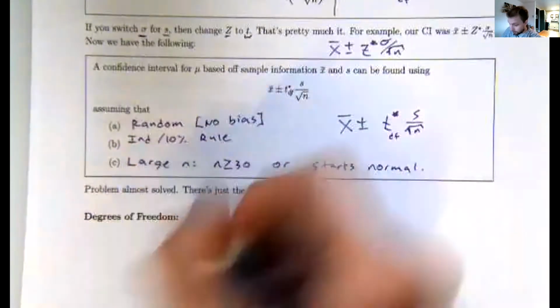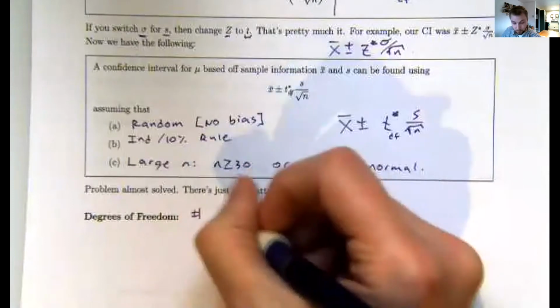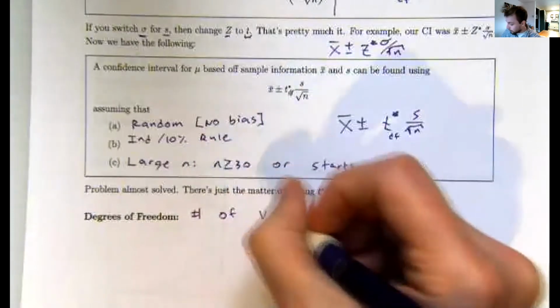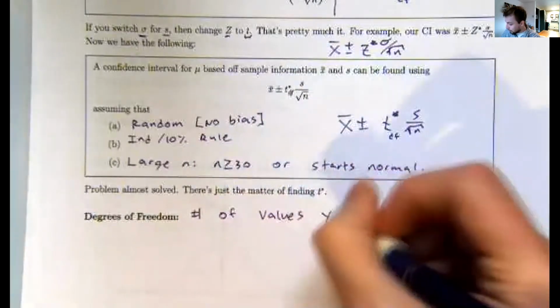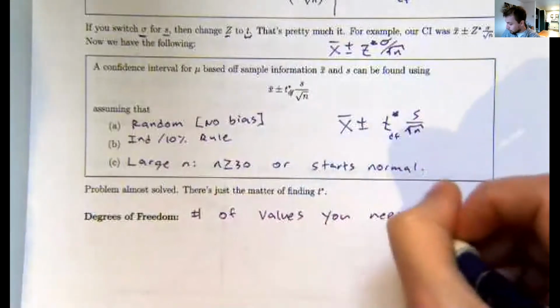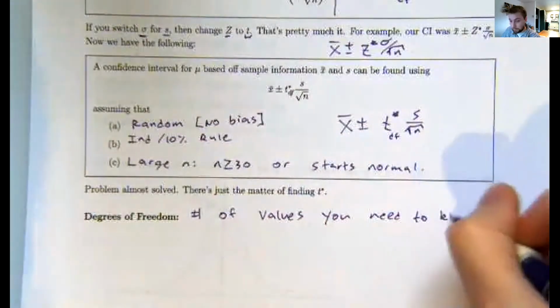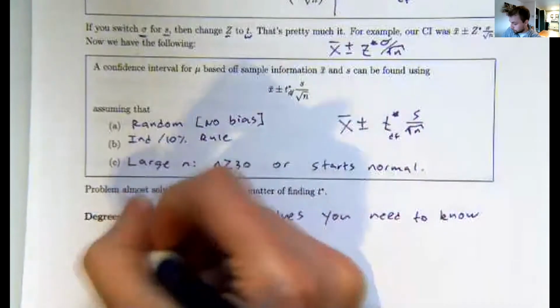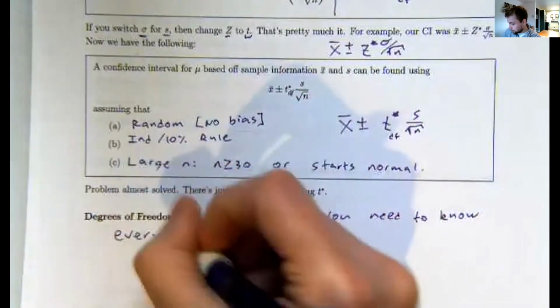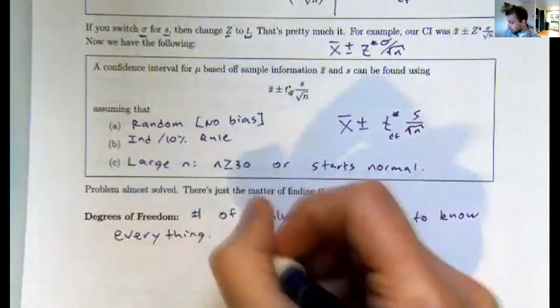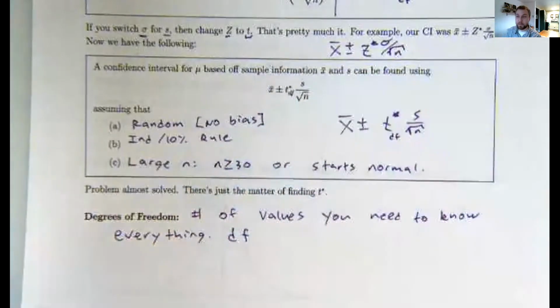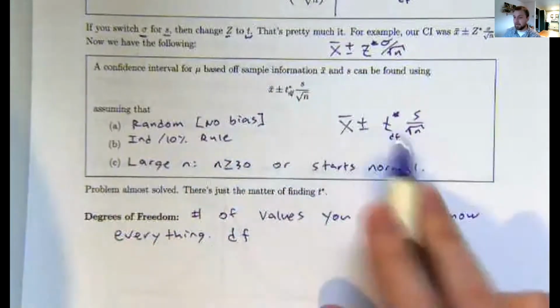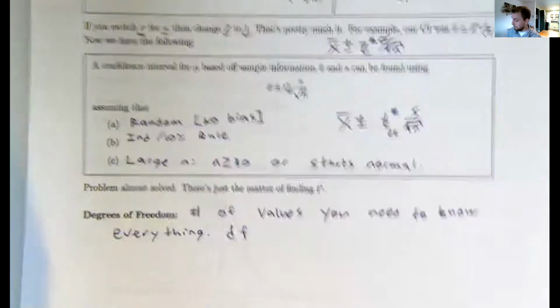So degree of freedom, this is the number of values you need to know everything. And I abbreviate degrees of freedom as lowercase df. That's why I keep writing df here. That stands for degree of freedom.